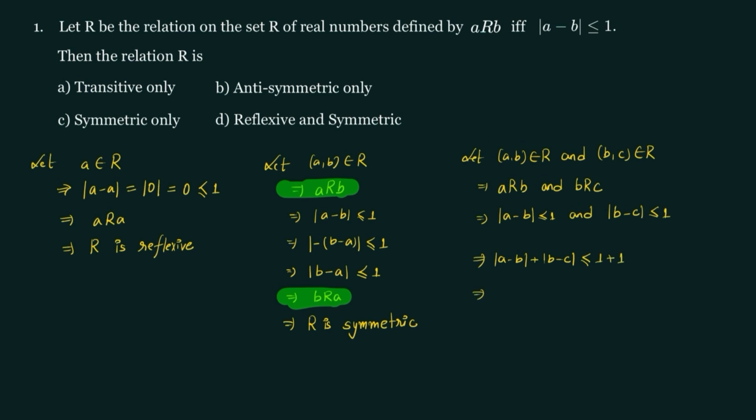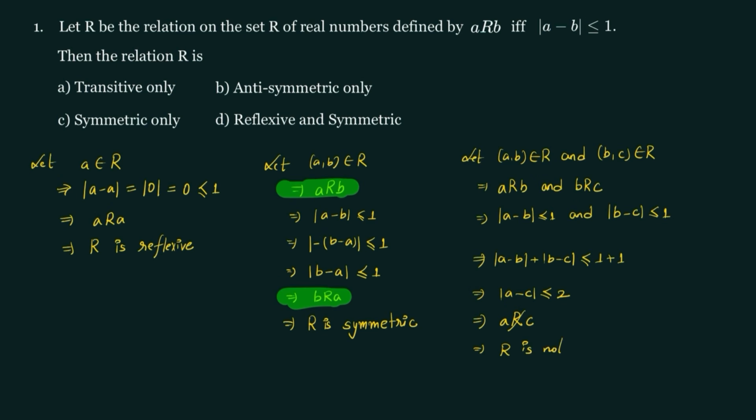On simplifying, we will get modulus of A minus C less than or equal to 2. Since this does not fit the definition, because in the definition it is less than or equal to 1, but here it is coming less than or equal to 2, we can say that A is not related to C. That means the relation R is not transitive.